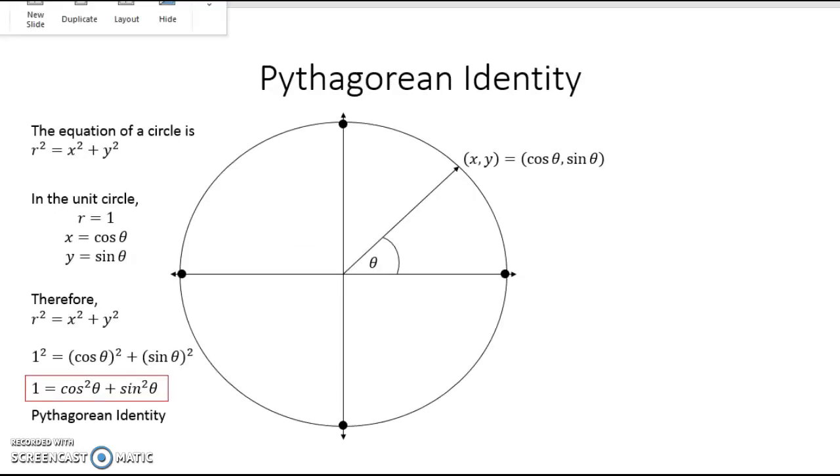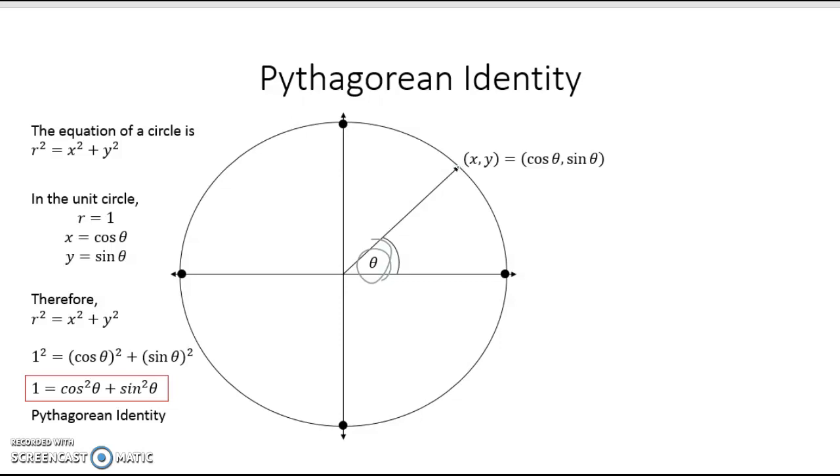Now let's look at the Pythagorean identity and how we use the unit circle to get to this identity. We've got our little angle right here, and we're looking for this point, x y, which in the unit circle we call cosine theta comma sine theta.